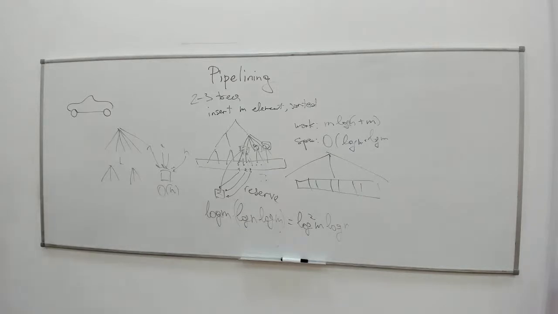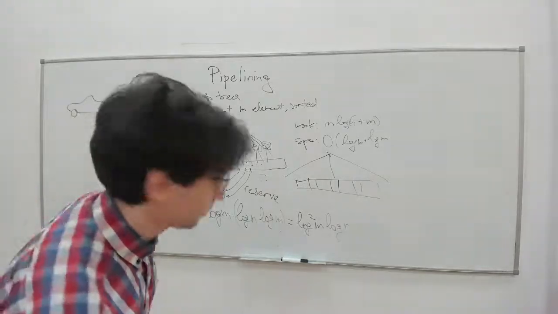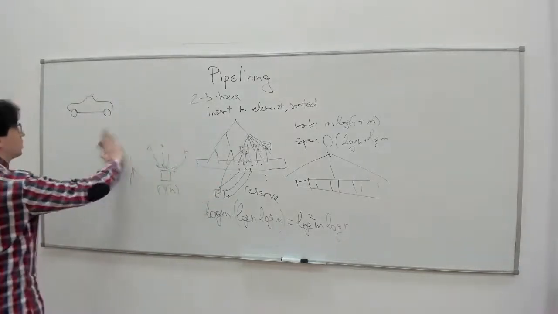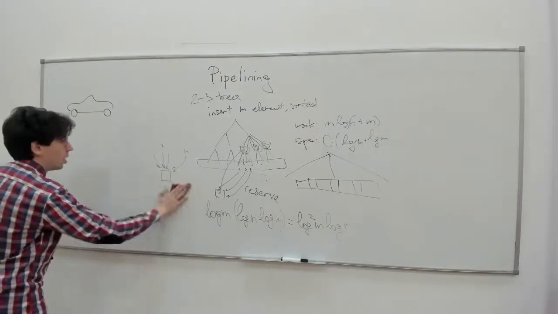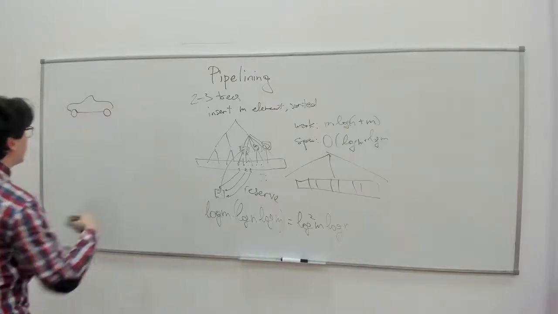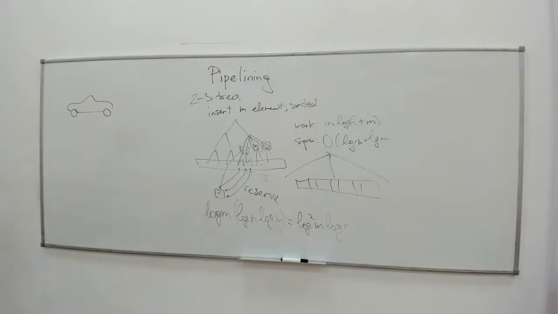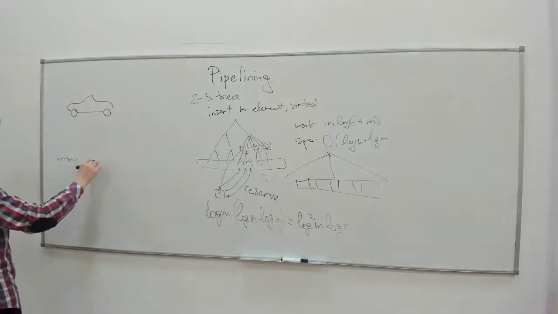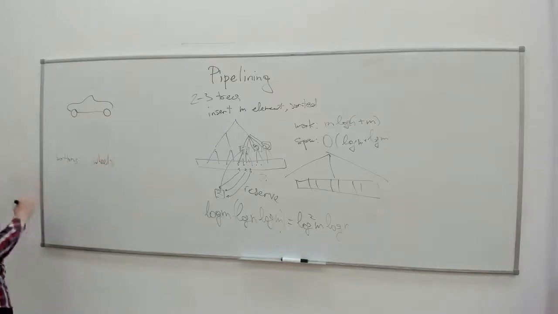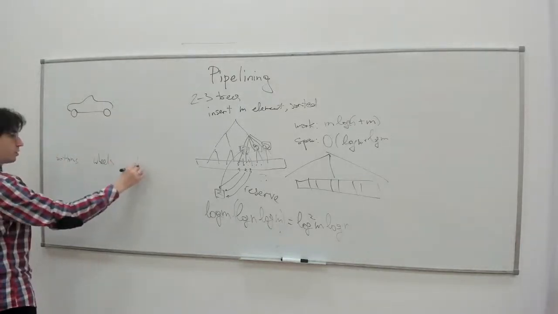What I suggest to do is, let's look at a car right now. Suppose that in our factory we have several conveyors. There is a conveyor that creates bottoms, like wheels, and the top of the car.